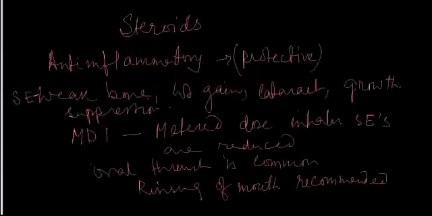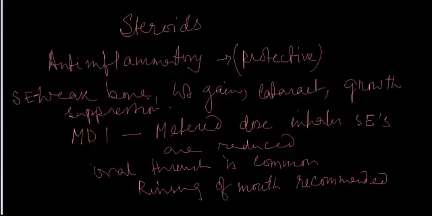One very important group of medicines in the treatment of asthma is steroids. Steroids have an anti-inflammatory effect. Often we see people taking a short course of steroids, and that gives protection. So in a way, it protects against inflammation. But steroids have side effects.